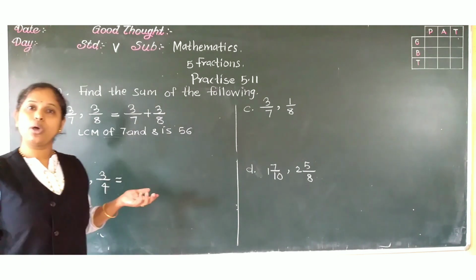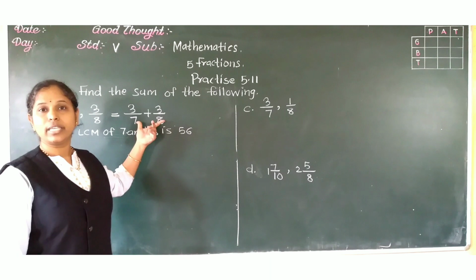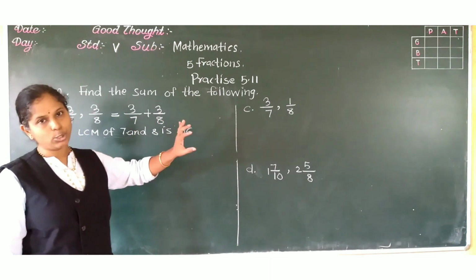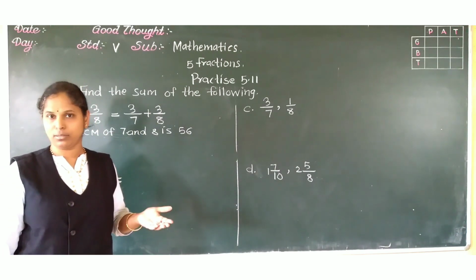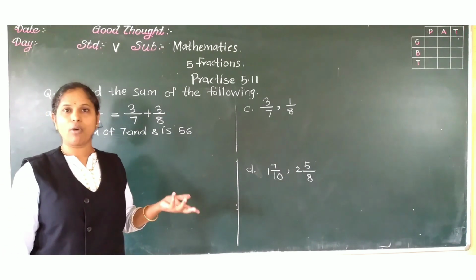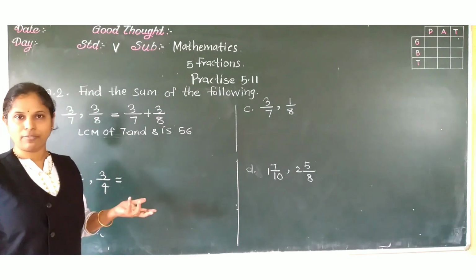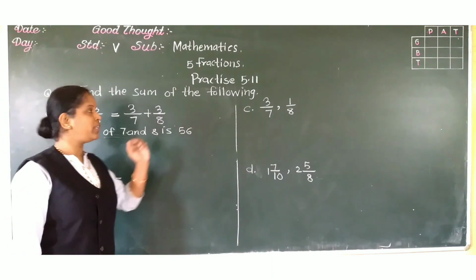LCM how to find out? You are knowing, dear students, how to find out LCM? By writing the table. From that also you can find out, or I have showed you the method. In that also way of division method, prime factorization method, with that also we can find out. Got it? So LCM of 7 and 8 is 56.